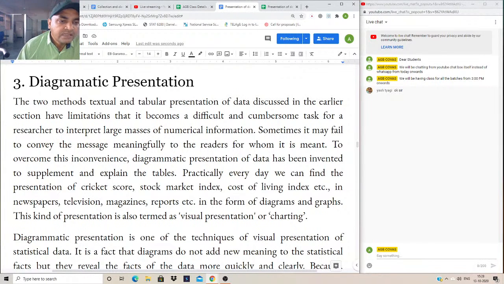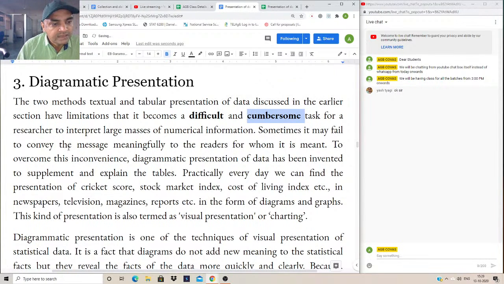So two methods, textual and tabular presentation of data, have already been discussed. The major limitation of these textual and tabular presentations is that most of the time it becomes a difficult and cumbersome task for a researcher to interpret large masses of numerical information.